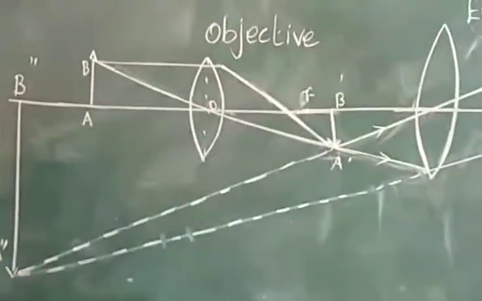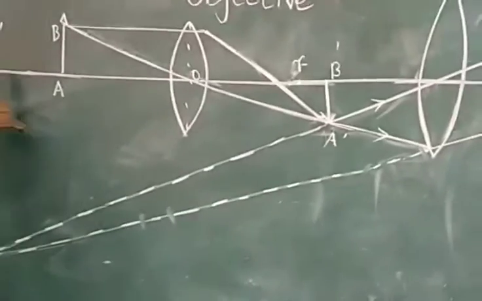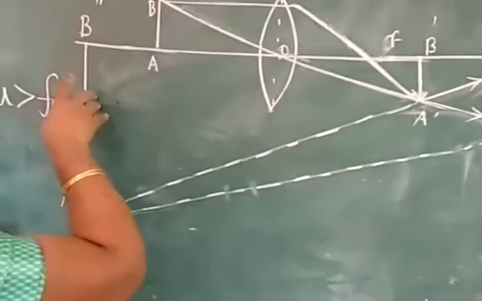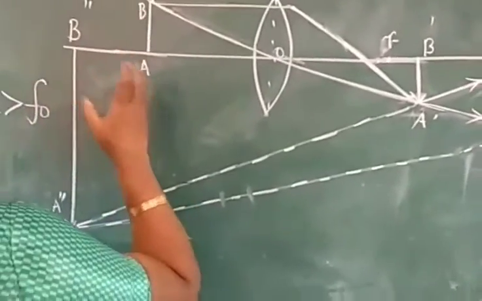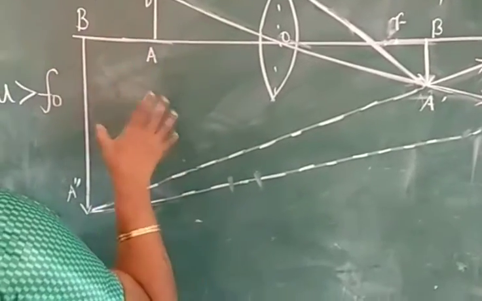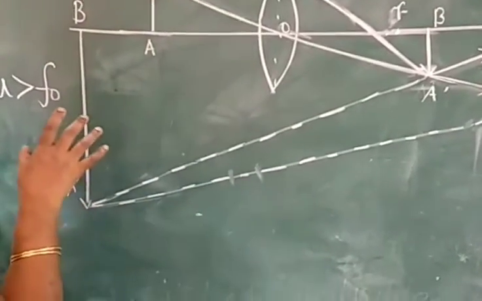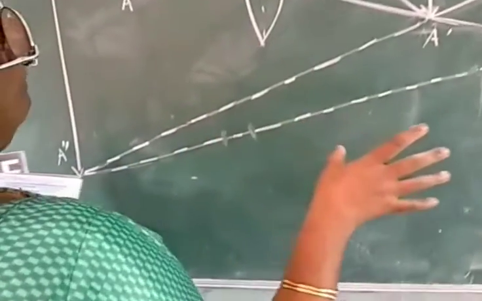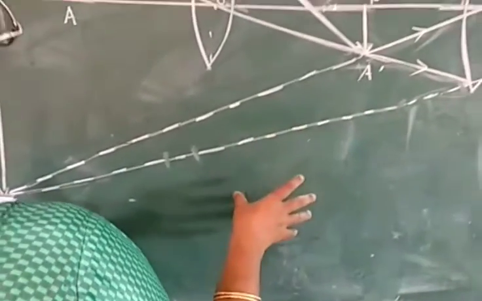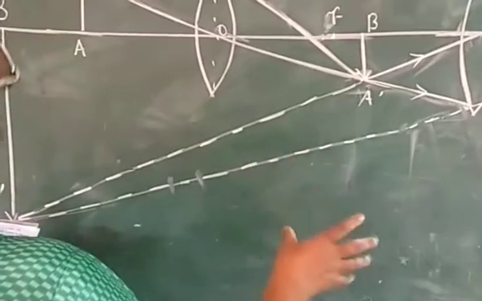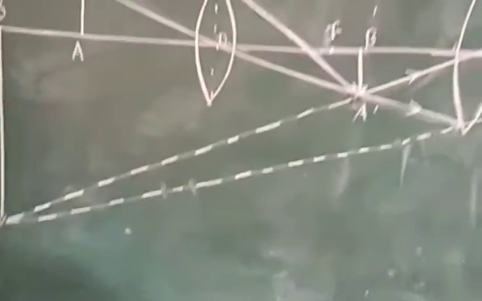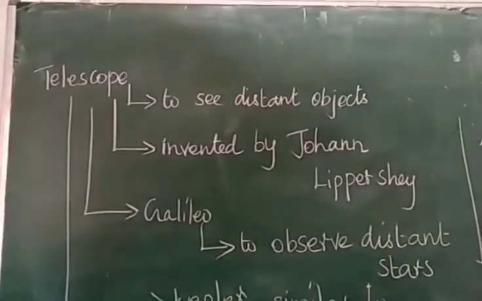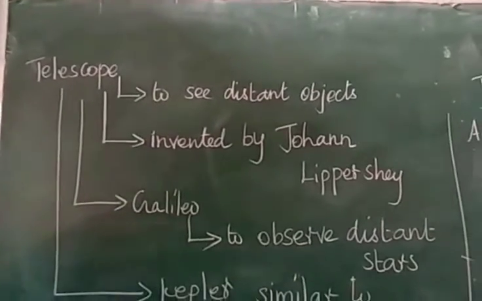We get an image A2 dash B2 dash. We get the image on the same side as the object AB. The compound microscope has more magnification power than the simple microscope. So you must take practice to draw the diagram and study this. Very important. Afterwards, I will explain the telescope.